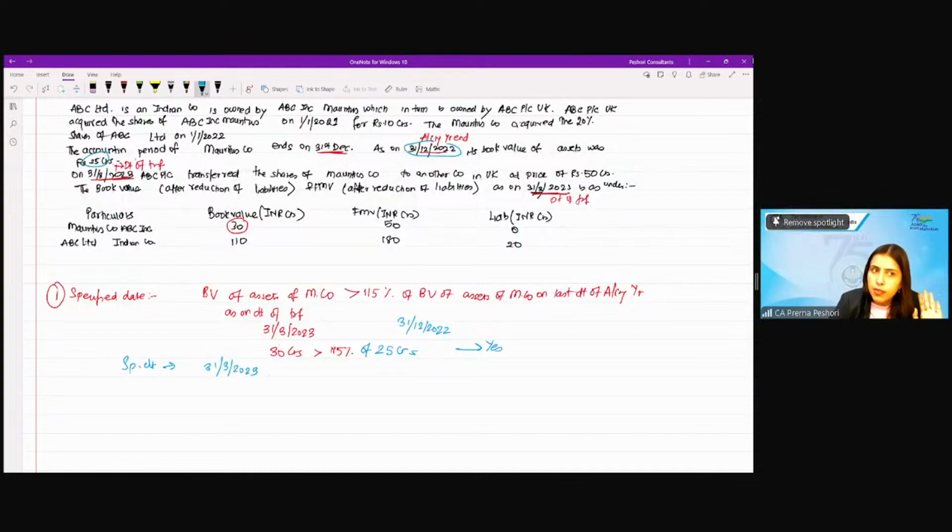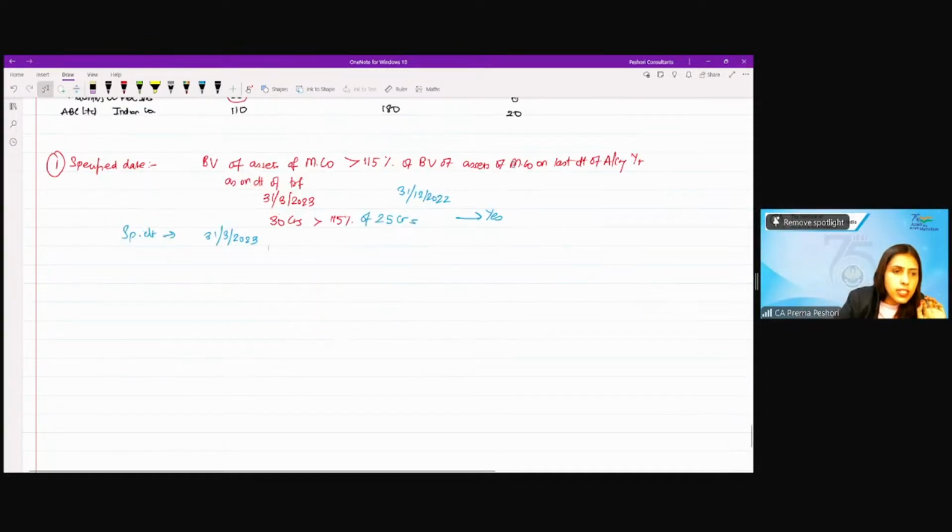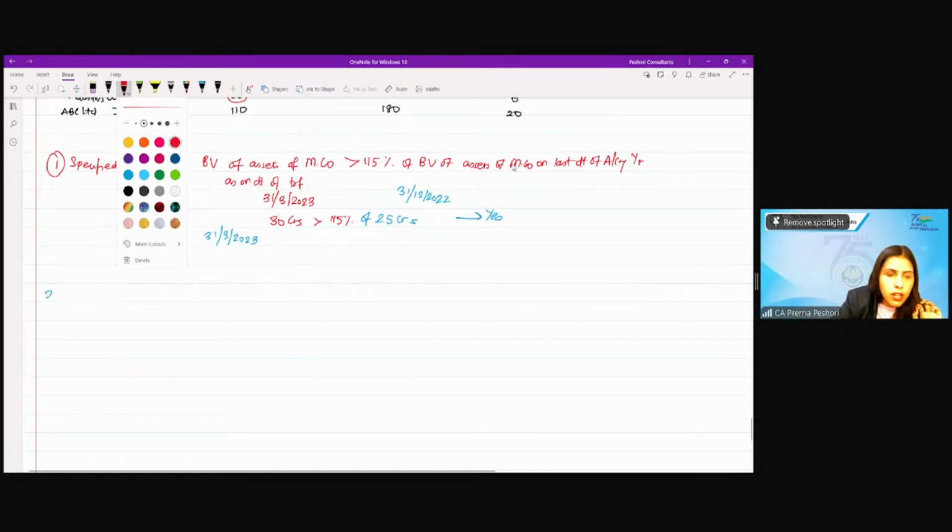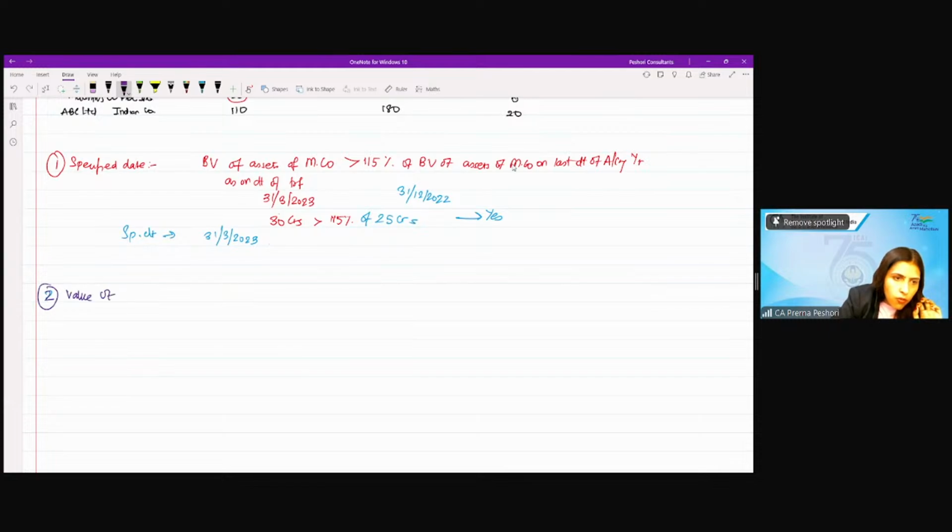Correct? Okay. Now we have to see whether the value of the asset, to see the applicability of indirect transfer, what you will check? Value of the Indian asset is greater than, so this is the value, meaning the FMV, rupees 10 crore. This is as on the specified date.